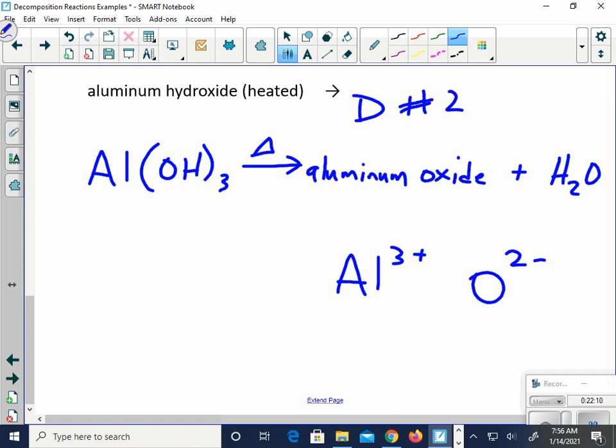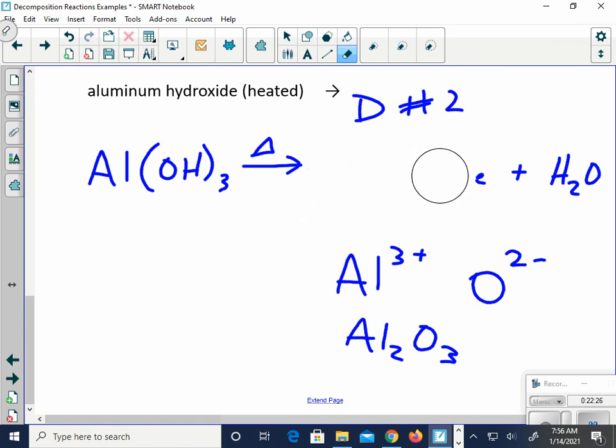So to get my charges equal to 0, I'm going to need to have a total of 6+ charges and 6- charges. So I'm going to make that 2 and 3. So my aluminum oxide is now going to be Al2O3.